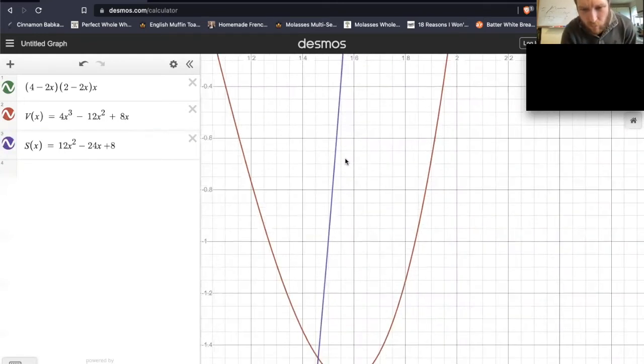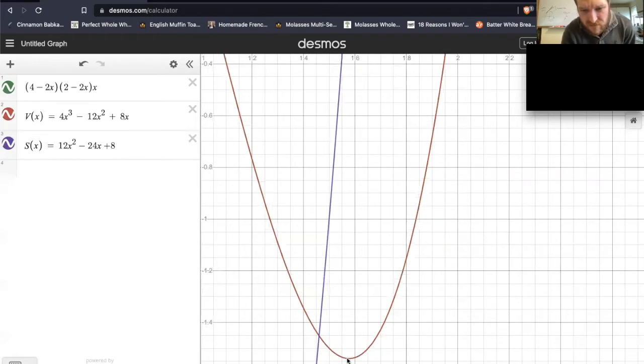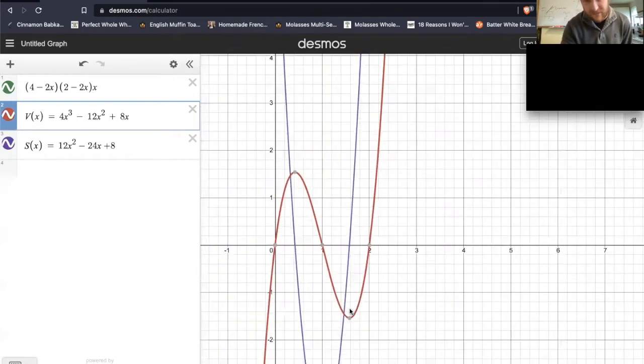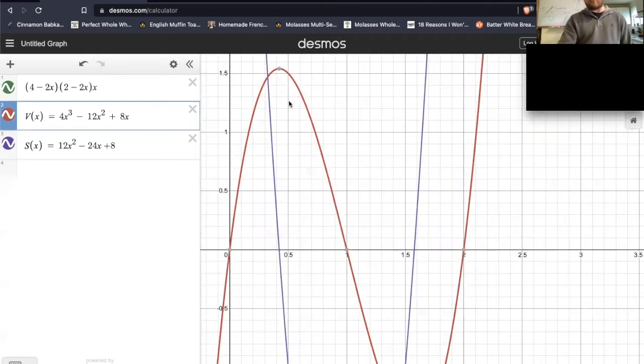And there at 1.5774, the slope again is 0. And this is how you find the actual mins and maxes of these bad boys. And this is what you will be doing in calculus over and over and over again.